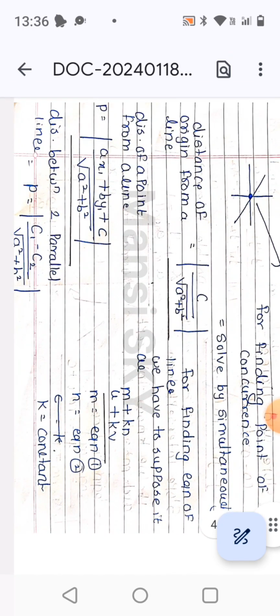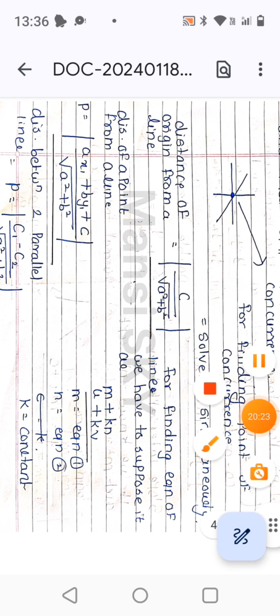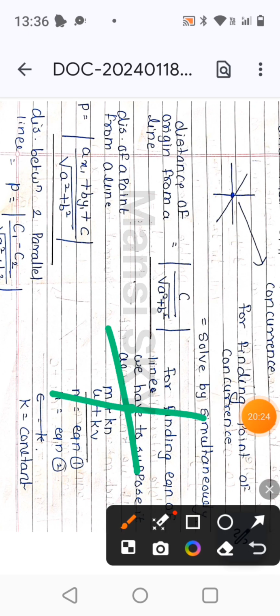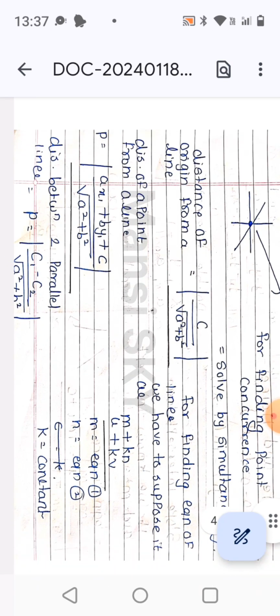Then if we have to find the distance of the origin from a line, if we are given the coordinate system, the formula for finding this distance becomes modulus of c upon under root of a square plus b square. Why is this modulus here?